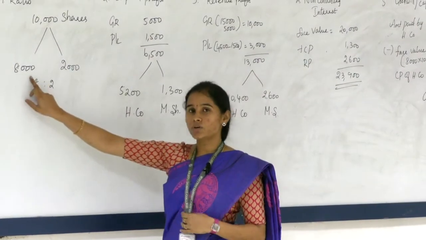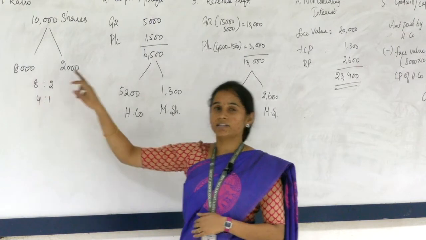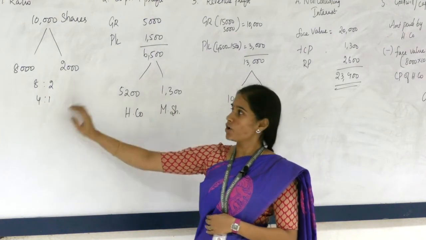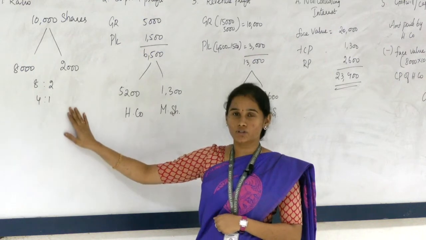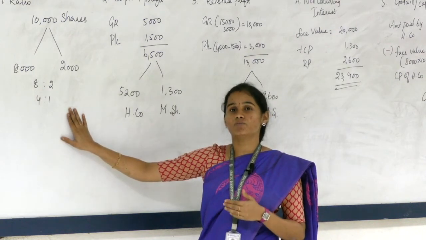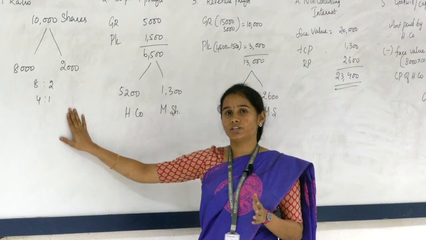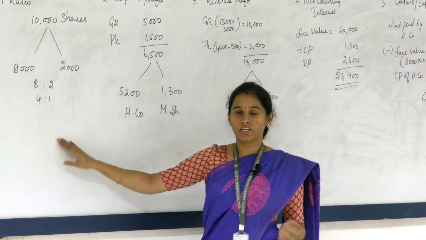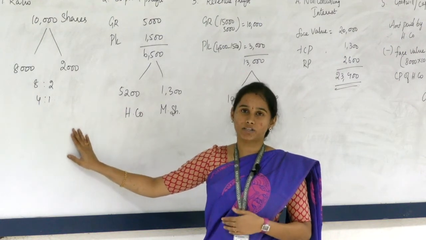Here 8,000 was acquired by the holding company and 2,000 by the minority shareholders. On that basis, 4:1 will be the ratio. So, in future whenever the company gets a profit, it will be distributed in the ratio of 4:1: 4/5 to the holding company, 1/5 to the minority shareholders.